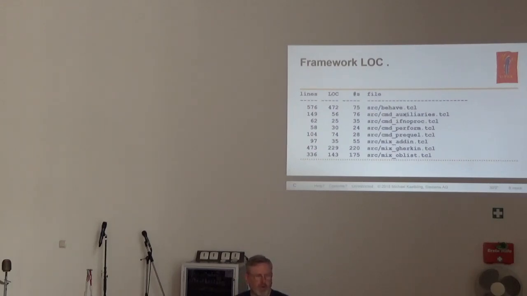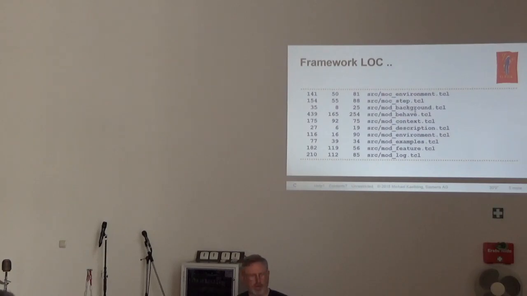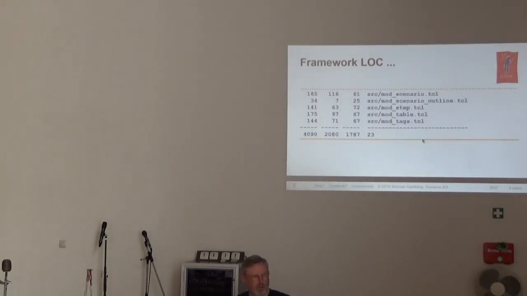Then there are various libraries, and then mix-ins and modules for each type of statement: the background, the description, the environment, each step. And we end up with 23 files and about 2,000 lines of code and not quite as many comments.